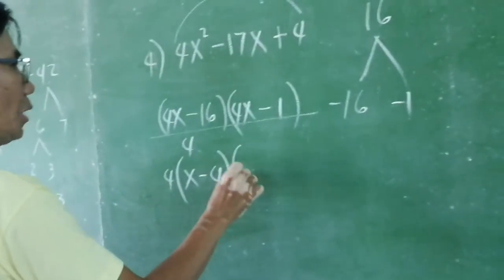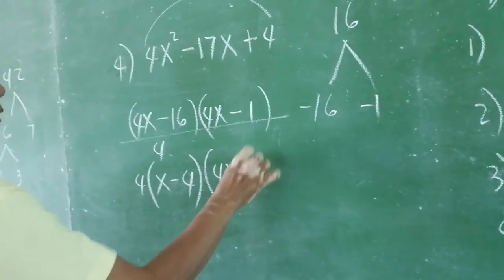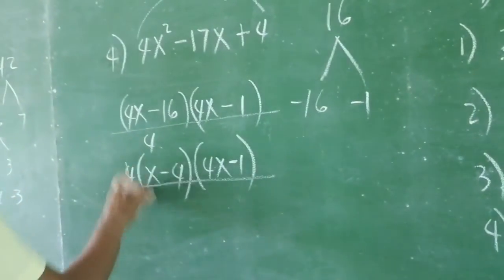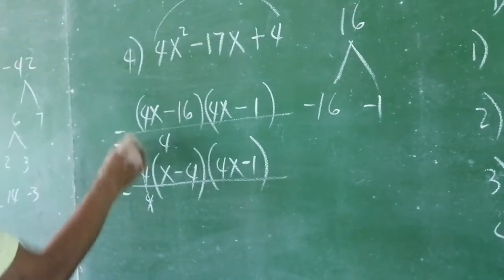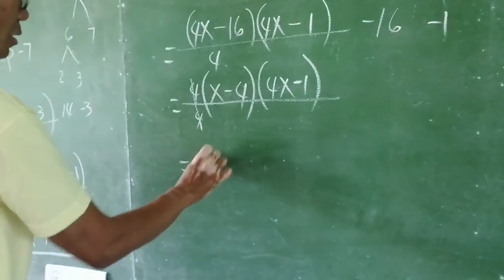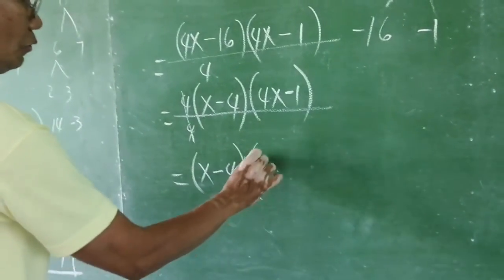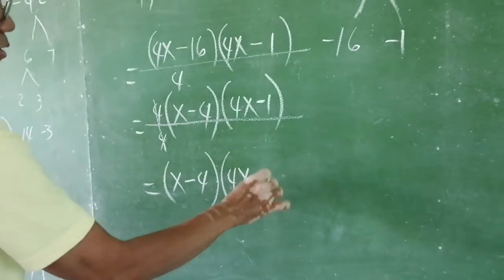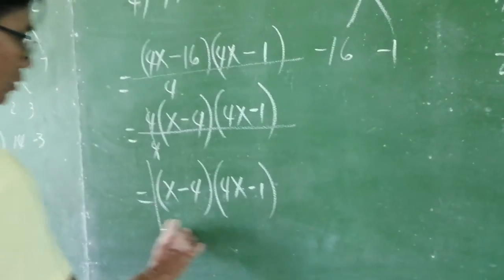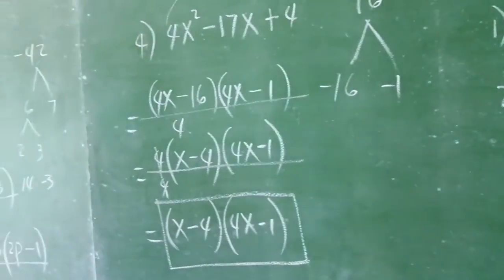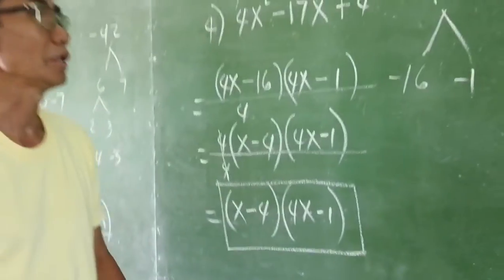And that is already prime, 4x minus 1 over 4. So cancel. So finally, your factors are x minus 4 times 4x minus 1. So these are the factors. Okay, I hope that you can understand that.